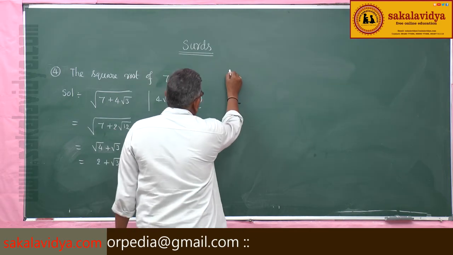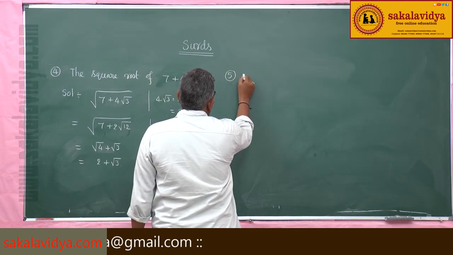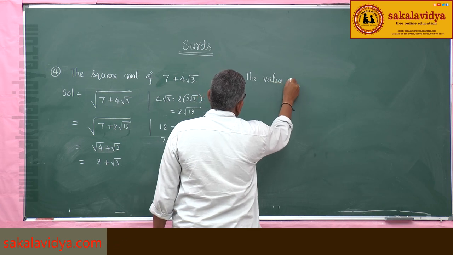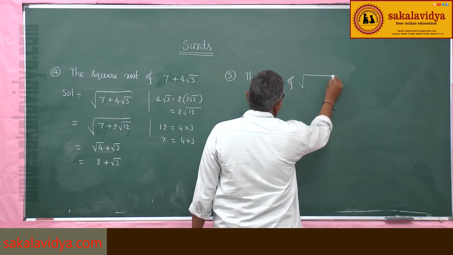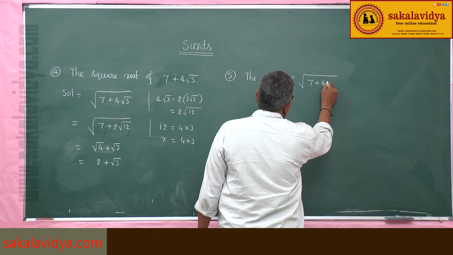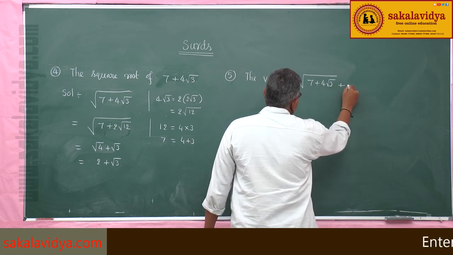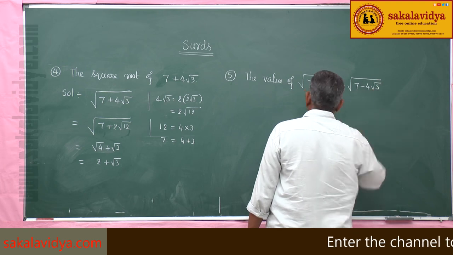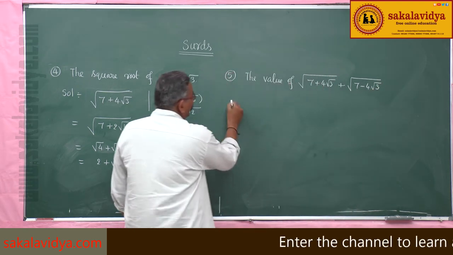Let us find the value of root of 7 plus 4 root 3 plus root of 7 minus 4 root 3.